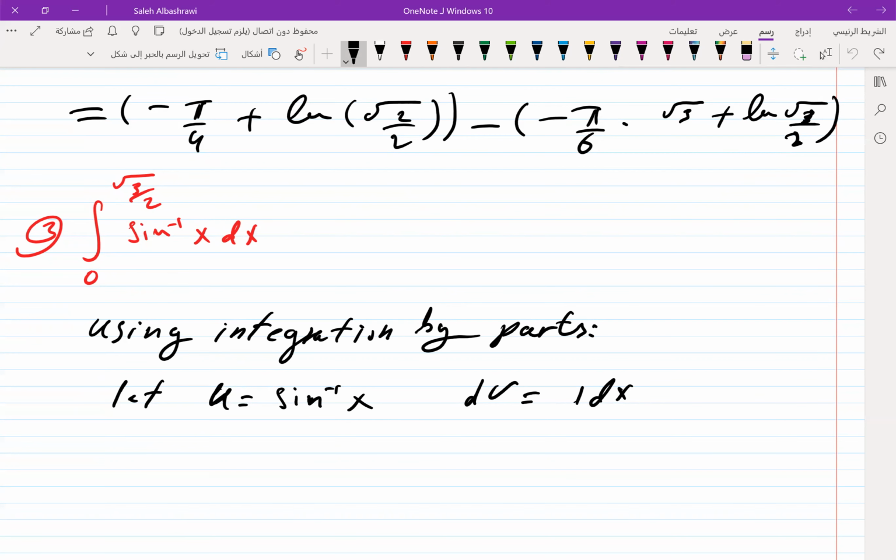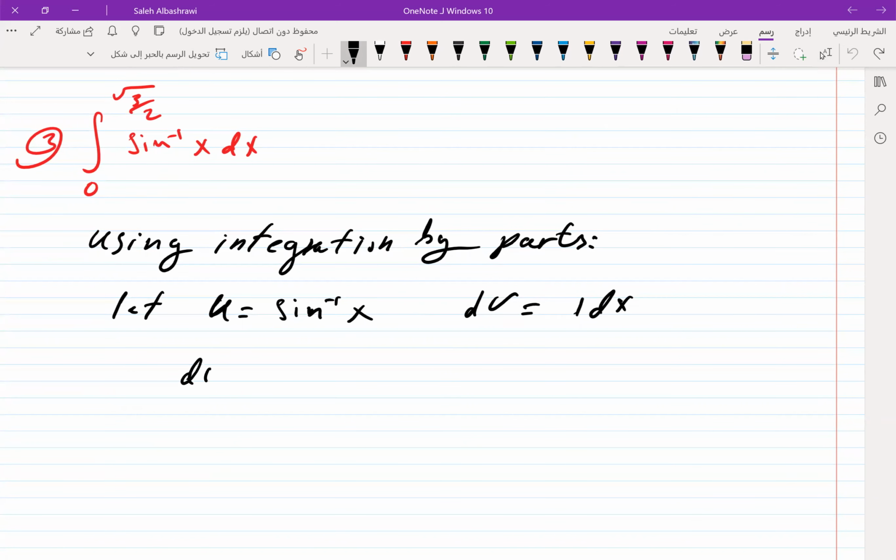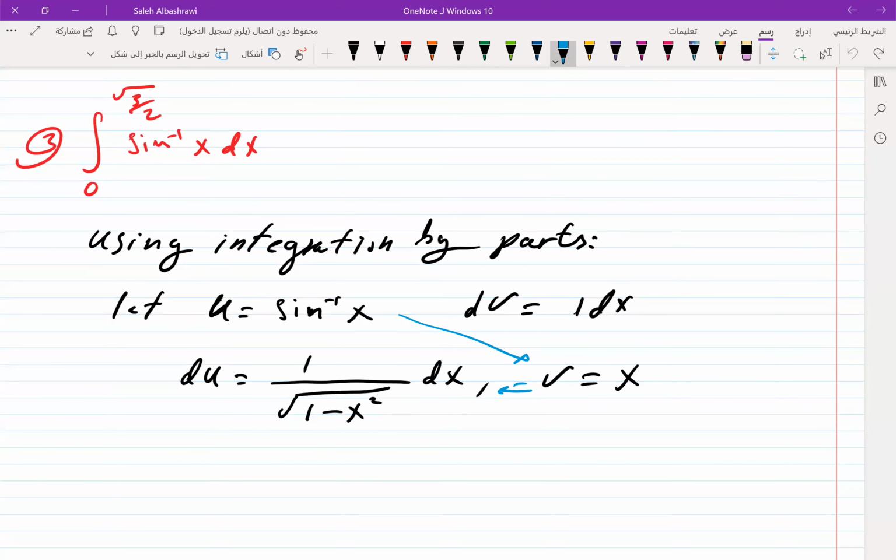Now differentiate the first one and integrate the second one. Du equals 1 over square root of 1 minus x squared dx, and v will be x. Integration by parts is u multiplied by v minus the integration of v du.